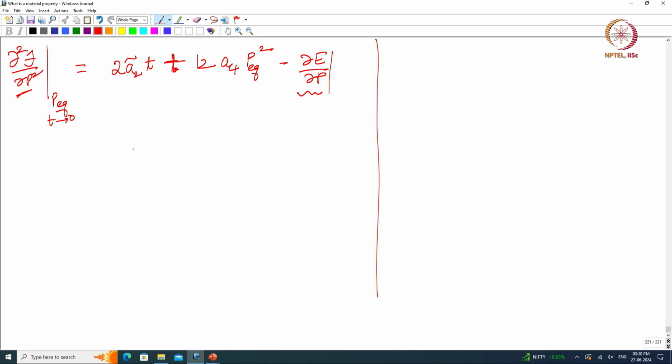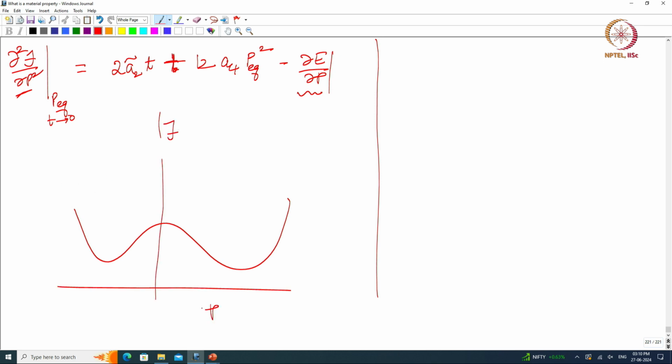When I am moving away from equilibrium, I have a double well potential which is like this, F versus P. I keep changing this double well potential, it goes like this, like this, like this, it becomes very flat and then it changes to this, right. So, this is my T less than Tc, or T equal to Tc, right.